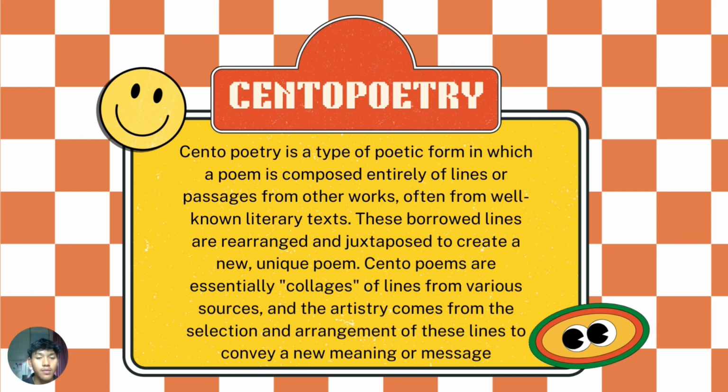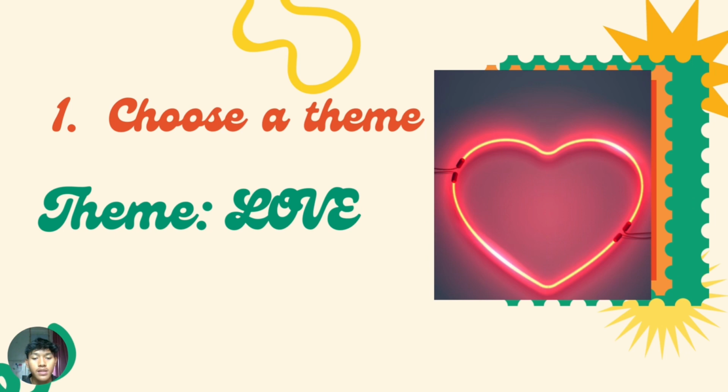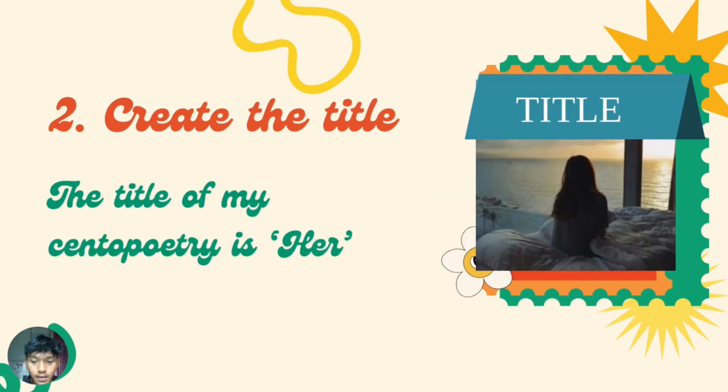And today I'll be explaining how to make a cento poetry. So the first step is we need to choose a theme. And the theme that I chose for my cento poetry is love. And the next step is to create the title.